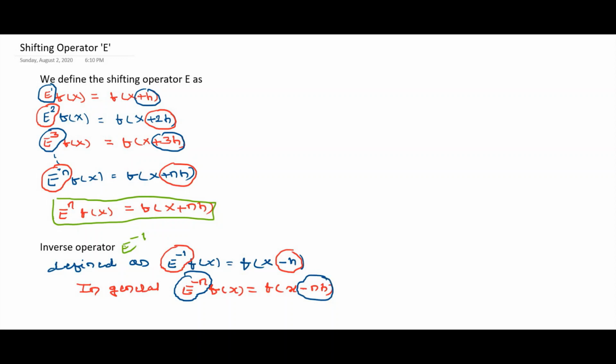And this is called the inverse operator. So please remember, the shifting operator E in general is E raised to n f of x equal to f of x plus nh. And the inverse operator of E, denoted by E raised to minus 1, in general is E raised to minus n f of x equal to f of x minus nh.